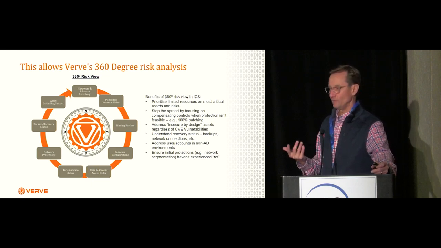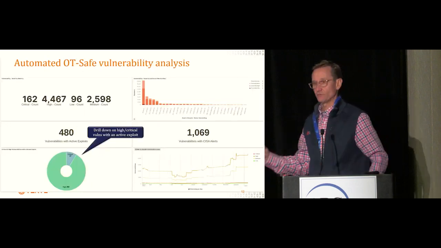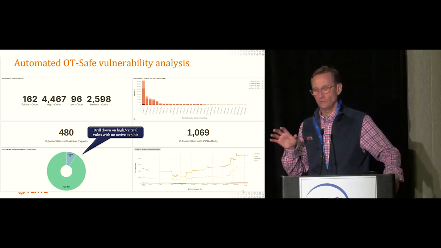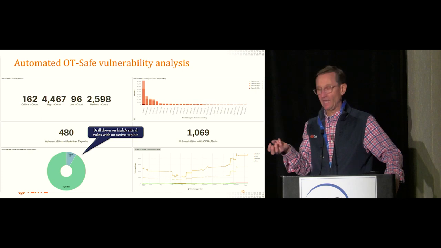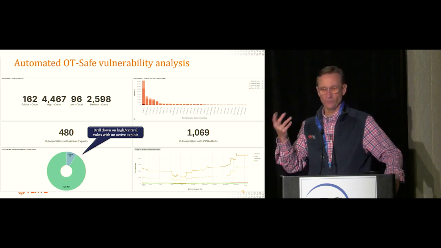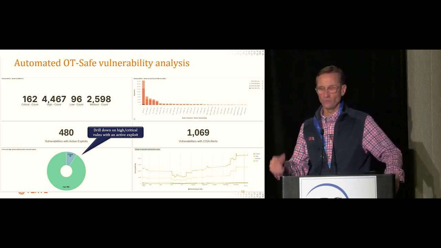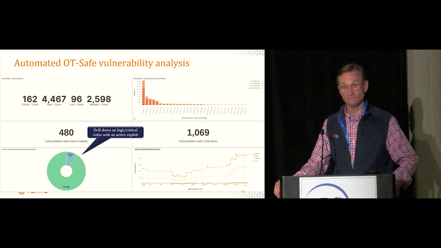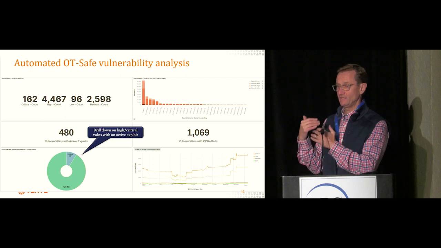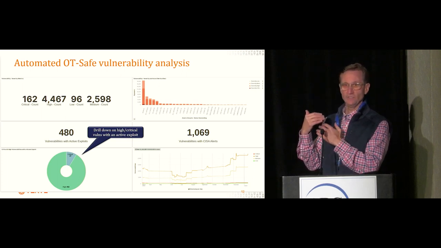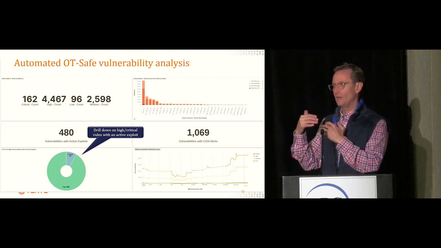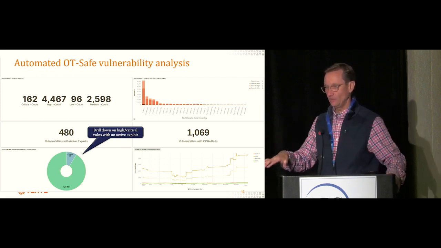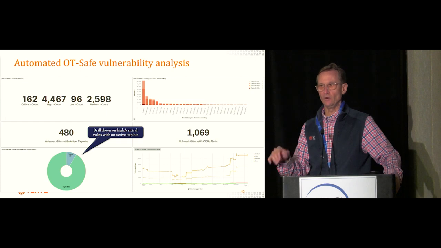So let me just start with vulnerability analysis. First question is, how are you going to know vulnerabilities? The platform allows us to get in and gather literally every software, every firmware version, what patches, what KBs have been deployed, et cetera. And so we can then discover, based on knowing vulnerabilities, how many are critical, how many are high, et cetera, and then get into, do they have a known exploit?